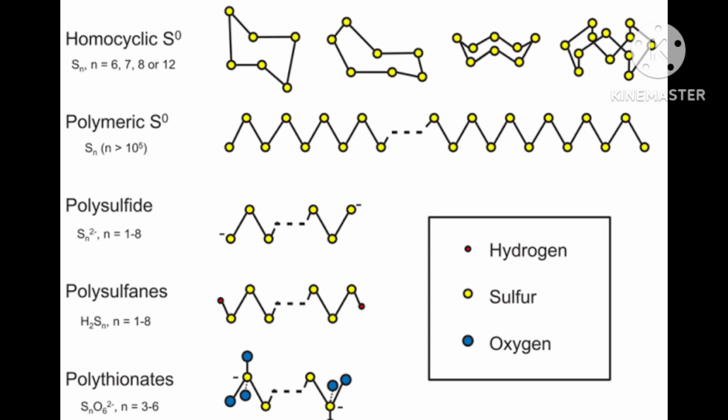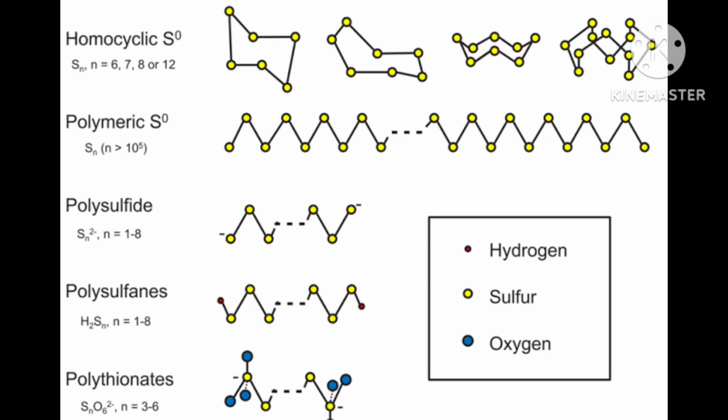Next, SO2 reacts readily with sodium hydroxide solution forming sodium sulfite, which then reacts with more sulfur dioxide to form sodium hydrogen sulfite.